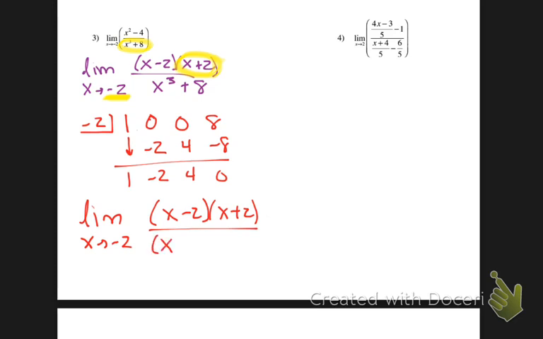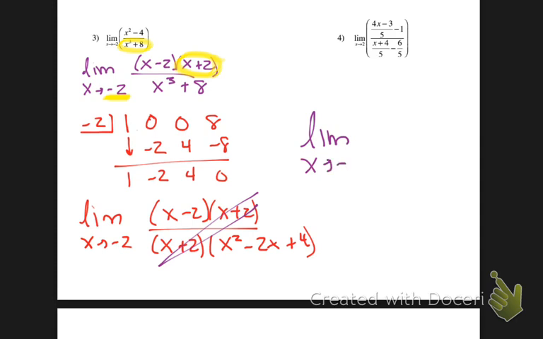In the bottom, we did factor out the x plus 2, and then we are left with x squared minus 2x plus 4. So the x plus 2's are going to cancel, and we are now left with x minus 2 in the top and x squared minus 2x plus 4 in the bottom.